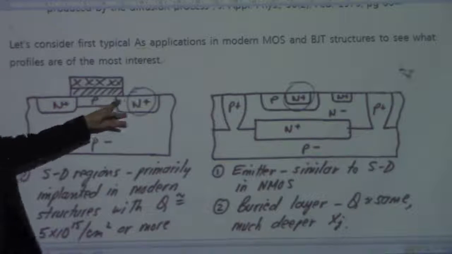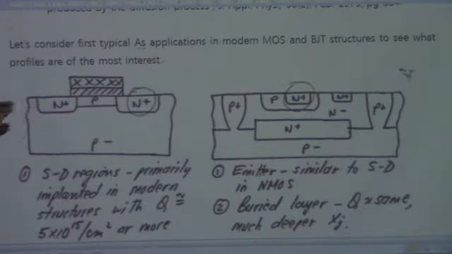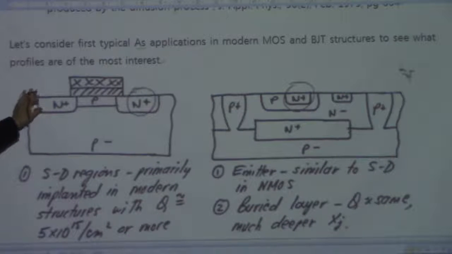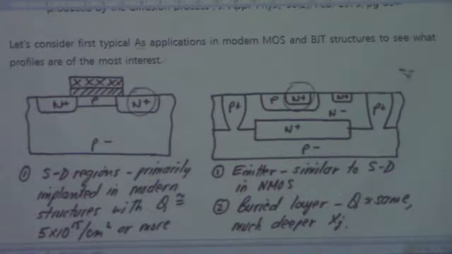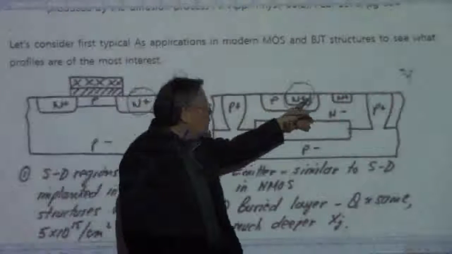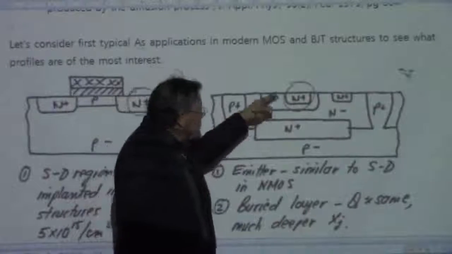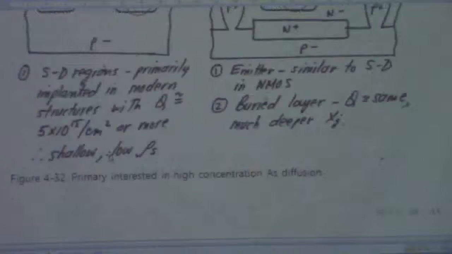The junctions are made with arsenic because the diffusion coefficient of arsenic is much lower than that of phosphorus, so it is very beneficial in making shallow junctions. Most of the sources and drains in MOS devices use arsenic. For the emitter, we want a very shallow emitter, so we use arsenic for the emitters in bipolar transistors.